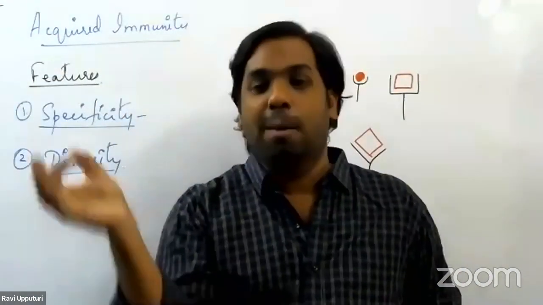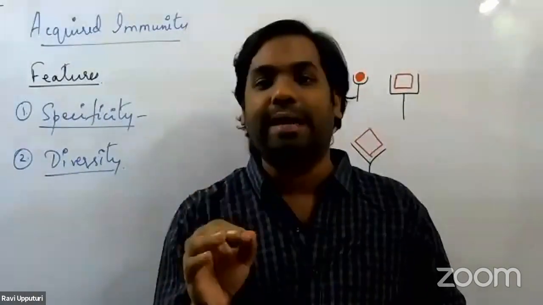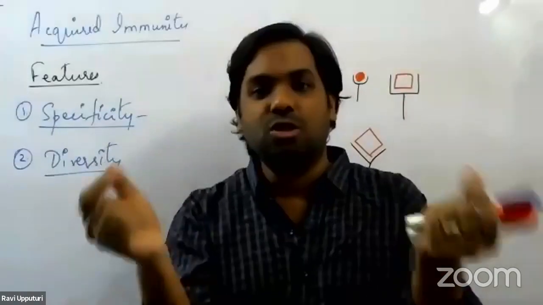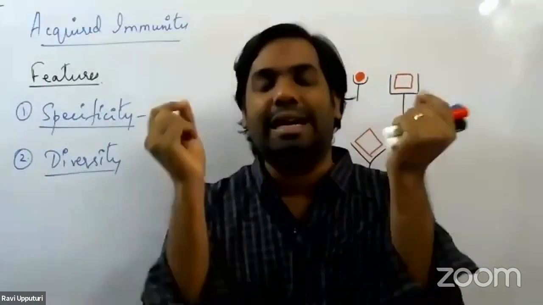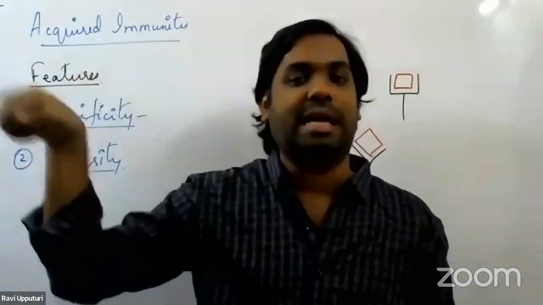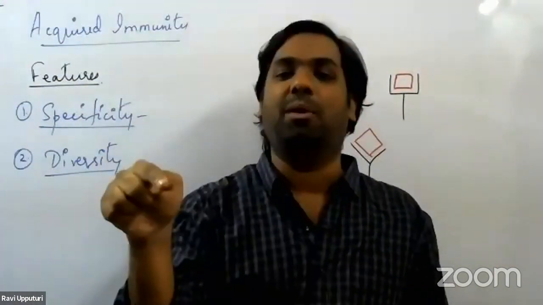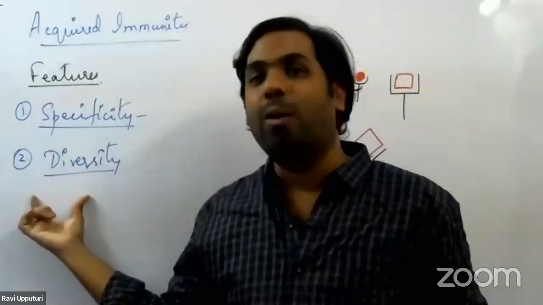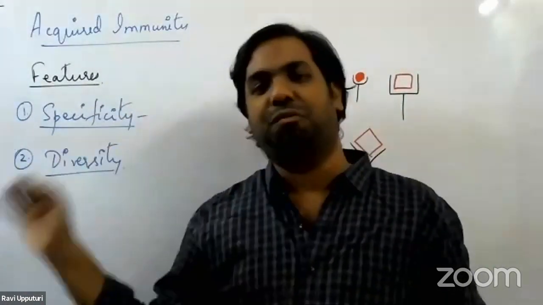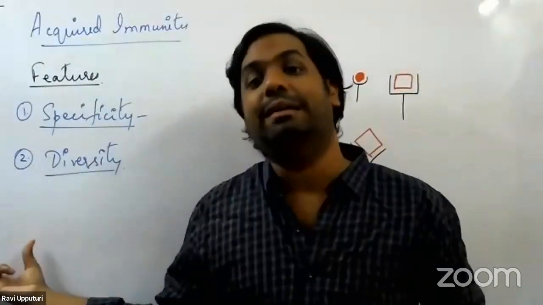More precisely speaking, they will be able to identify even a single nucleotide change also. So based on that single change, the acquired immune system will start synthesizing the cells as well as the antibodies. That's the reason why the acquired immune system is said to be highly diverse. Another characteristic feature of the acquired immune system is this diversity.